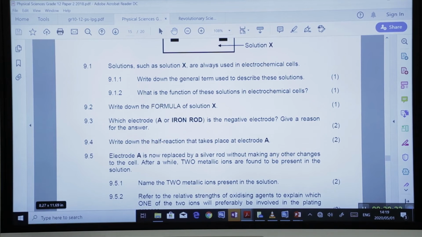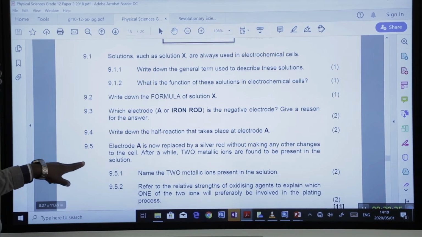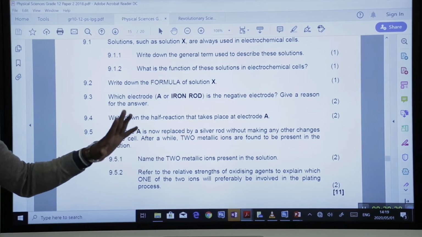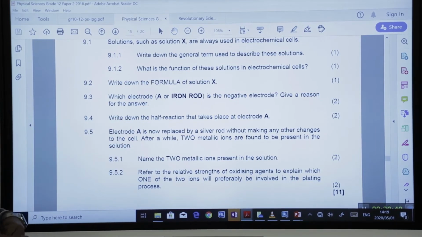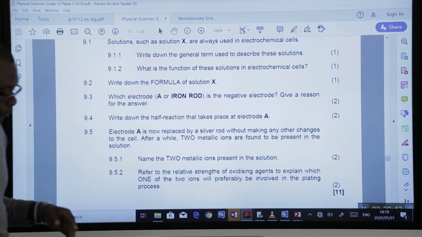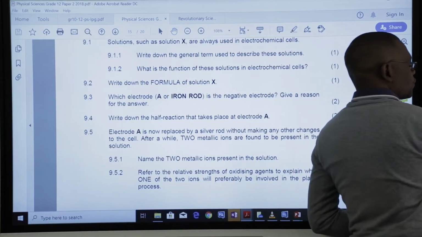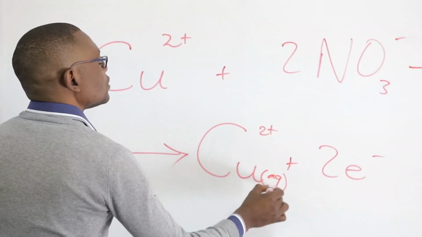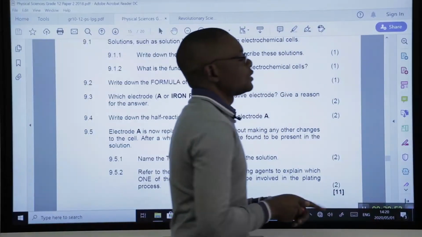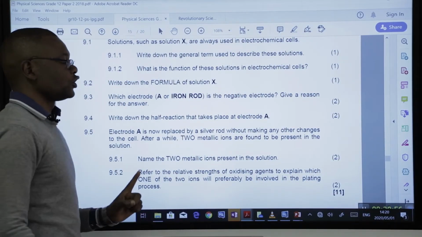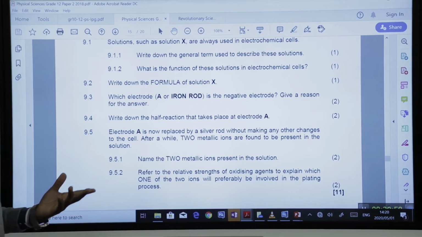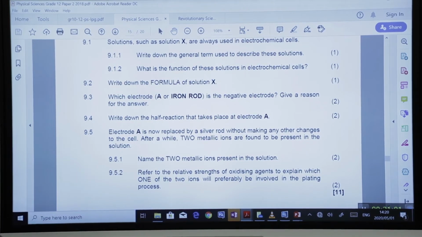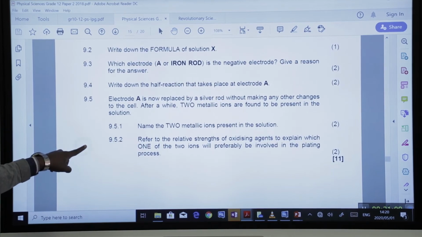This is for 2 marks, and you should be able to show even the standard states of the copper. You get a mark for this expression and a mark for that, to show that there is a phase change, because you might be asked later to show a cell notation for this representation. So for those 2 marks, don't miss out.